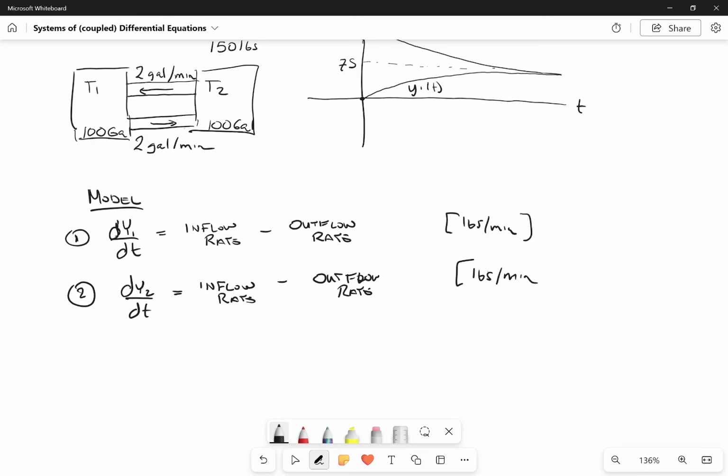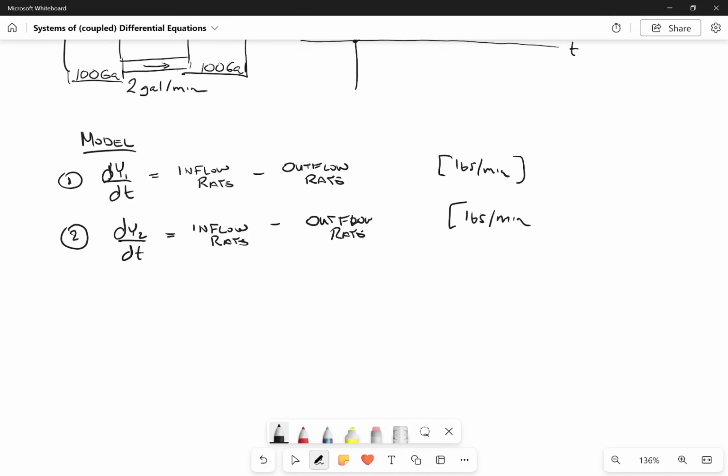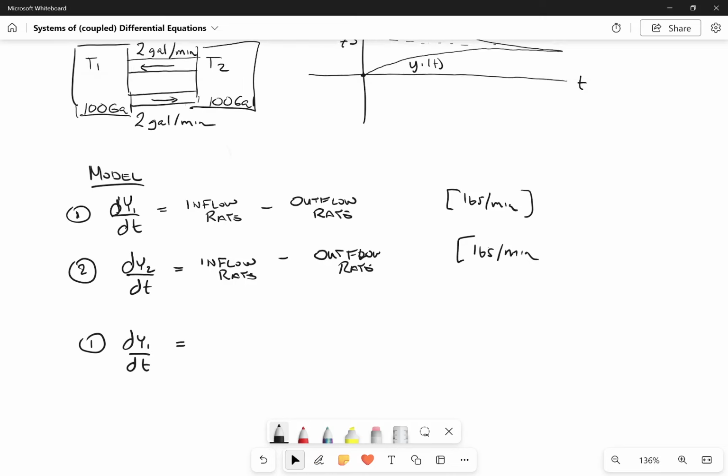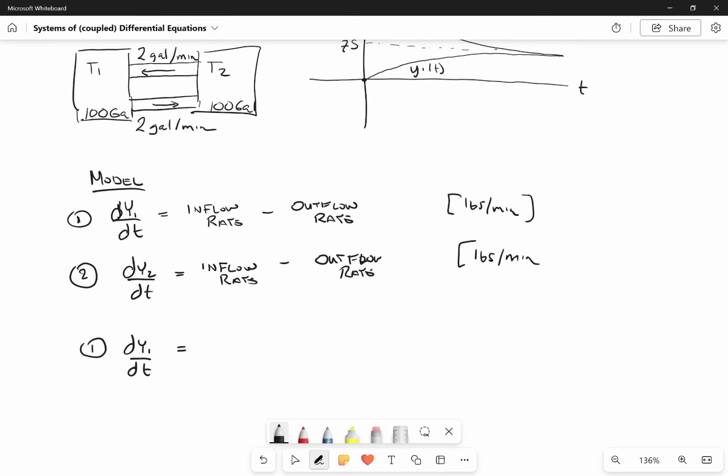Okay, so what do we know? Let's start with equation number 1, and we're going to figure out what is happening here. Let me rewrite equation 1. So dy1 by dt. Now, what is the inflow rate to y1? We've got 2 gallons per minute, so we're going to say 2.